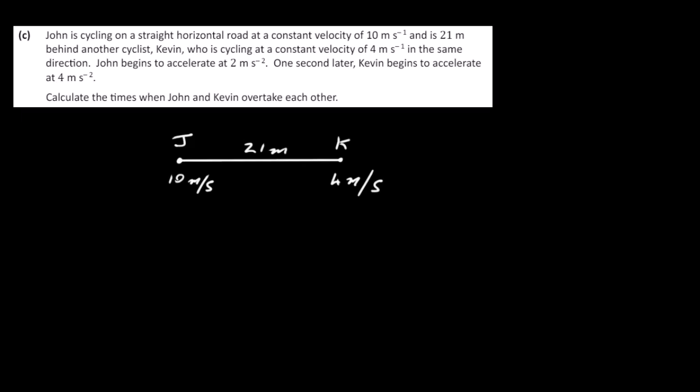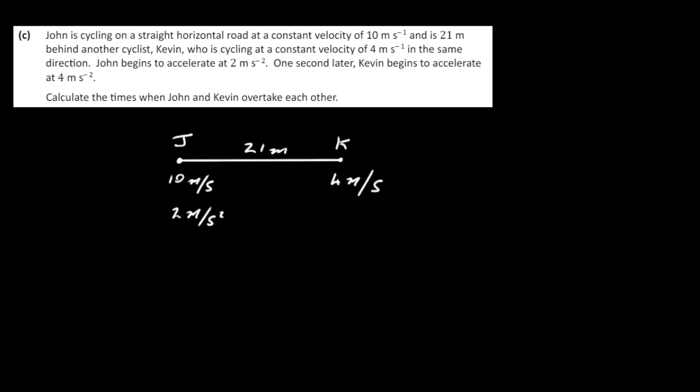John begins to accelerate. So John is going to accelerate here, and he's going to accelerate at 2 meters per second squared. Kevin is not going to be accelerating initially. He's going to continue on at the same speed for 1 second. John is going to start at 10 meters per second and accelerate at 2 meters per second squared.